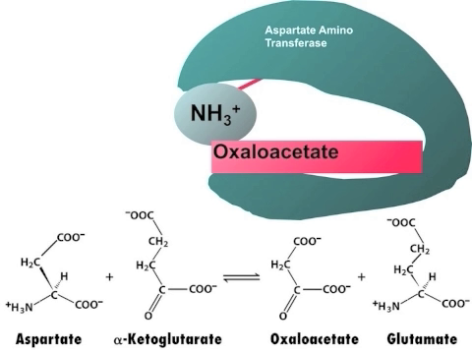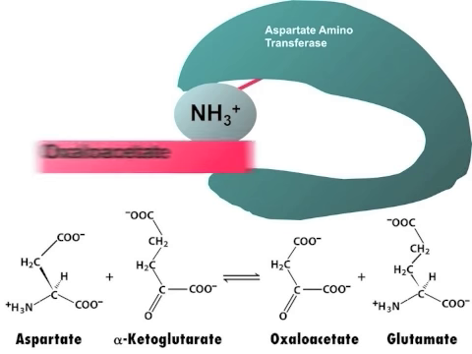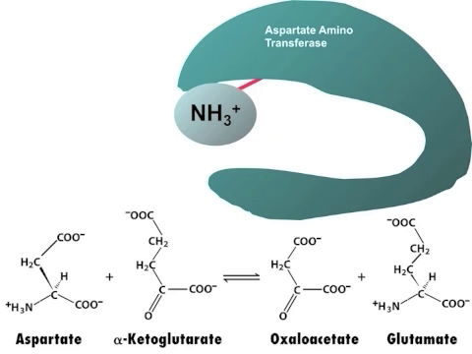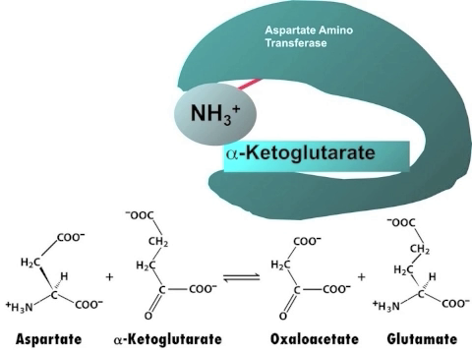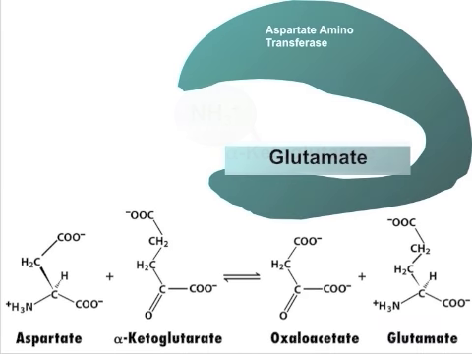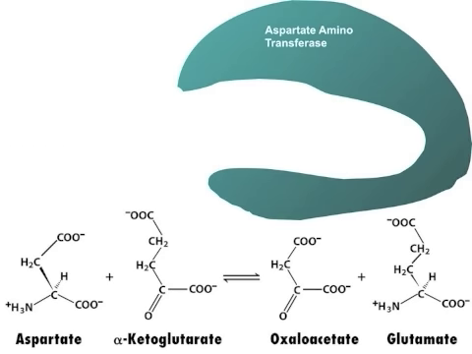And in so doing, we're going to be left with oxaloacetate and an amino group that's covalently linked to the enzyme. Oxaloacetate leaves, and now in comes the second substrate, alpha-ketoglutarate. Alpha-ketoglutarate comes in, and it accepts the amino group from the enzyme. This causes alpha-ketoglutarate to become glutamate, and glutamate leaves.